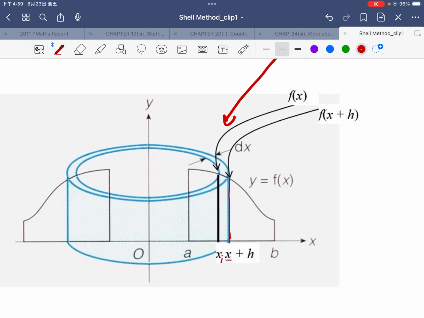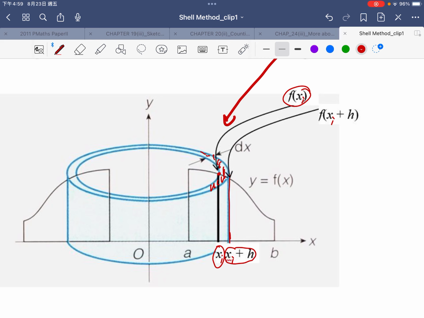Then the outer part's x coordinate is x_i plus h, and the corresponding heights of the function are f(x_i) and f(x_i plus h).